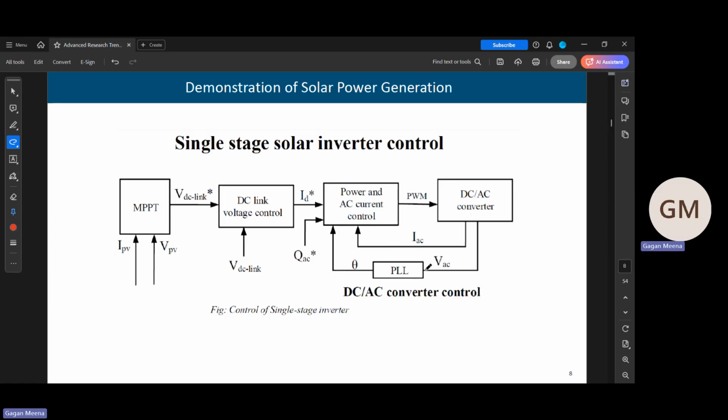There are two types of solar inverter control: single stage and double stage or dual. In the single stage, we have no chopper, and the MPPT algorithm is implemented within the inverter itself.